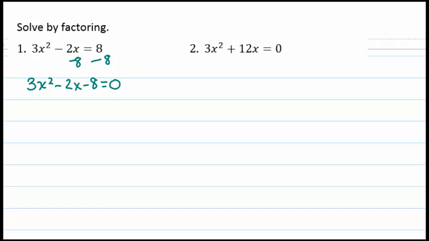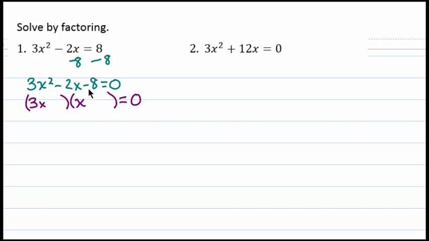For me, when I factor completely, most of the time I'm going to use a guess and check method. Can you use the AC method? Always. So binomial times binomial equals 0. So my first term is 3x squared. The only factors of 3 are 3 and 1. So therefore, I know one term has to be 3x, and I know the other one has to be x.